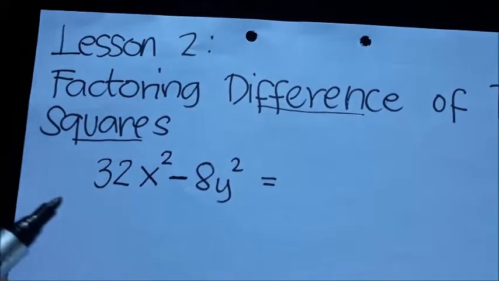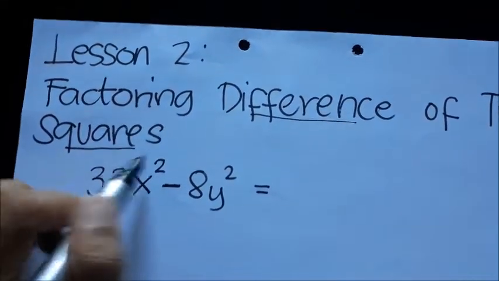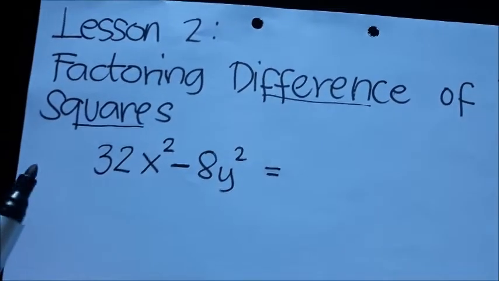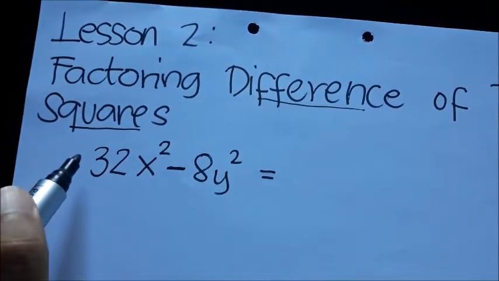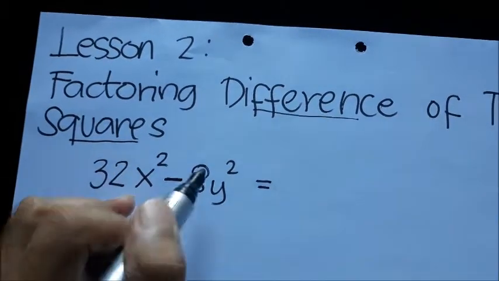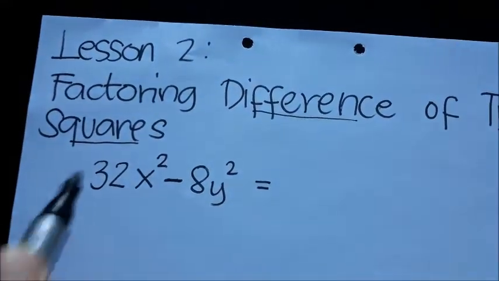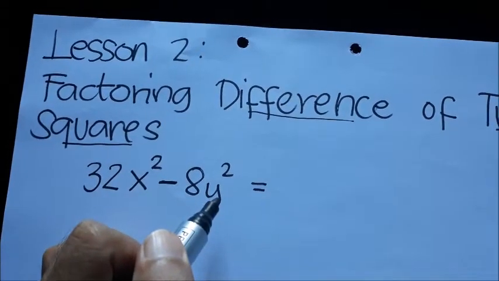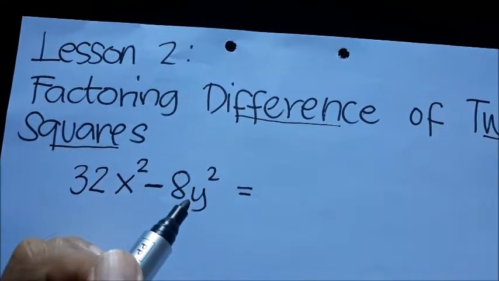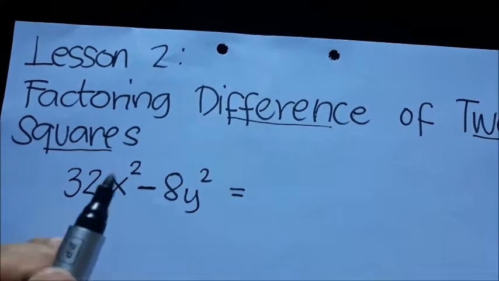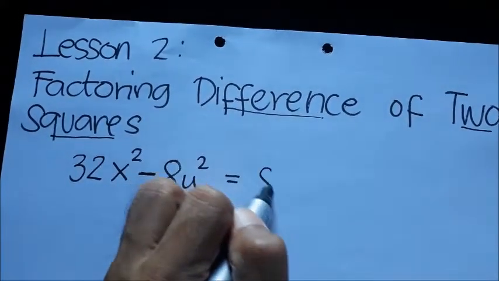Okay, una natin gagawin is to get the square root of the first and second term. Pero kung titingnan natin, ang 32 is not a perfect square. The same with 8. So, kung hindi effective yung finding the square roots of the first and second term, punta ka doon sa greatest common monomial factor. So, that is 8, GCF.